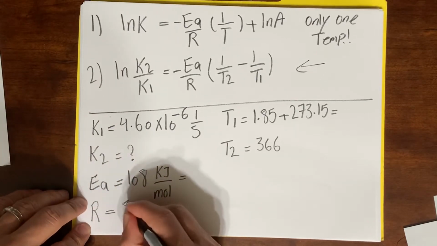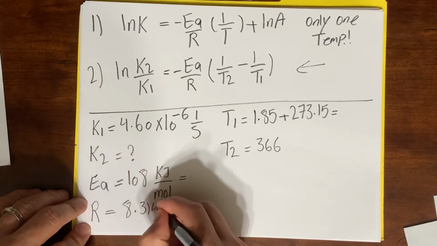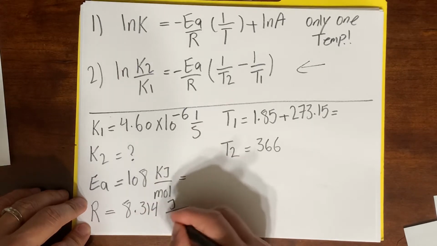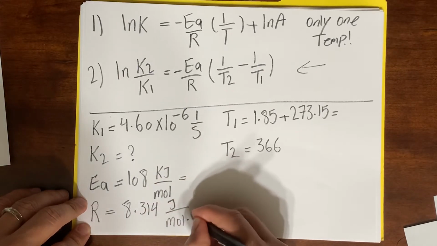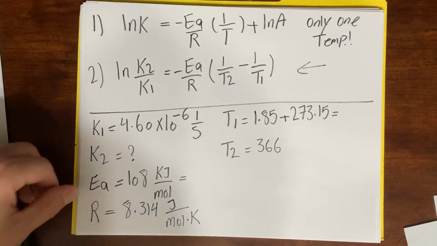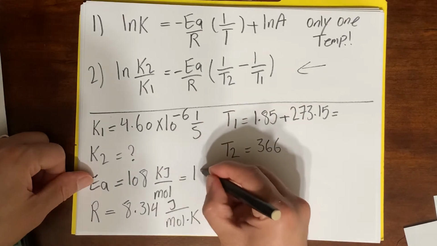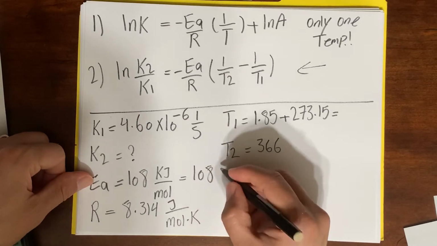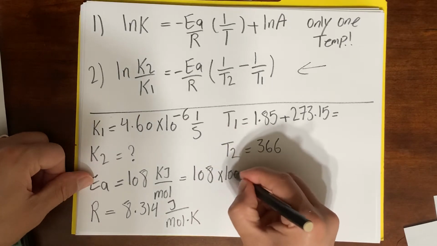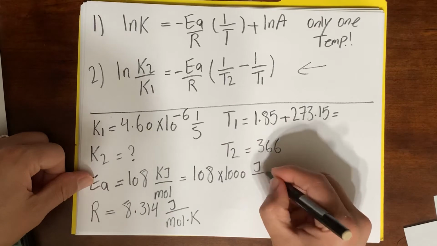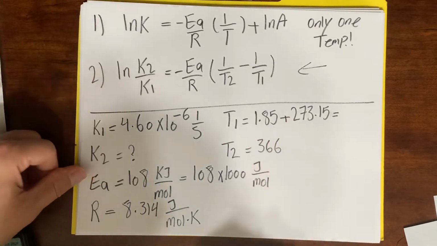R is 8.314 joules per mole Kelvin. So we have to get the activation energy in joules. Multiply this one by 1,000, so it will be 108 multiplied by 1,000, in joules per mole.